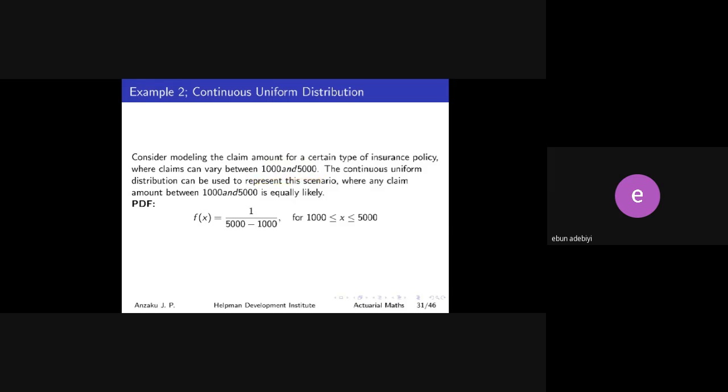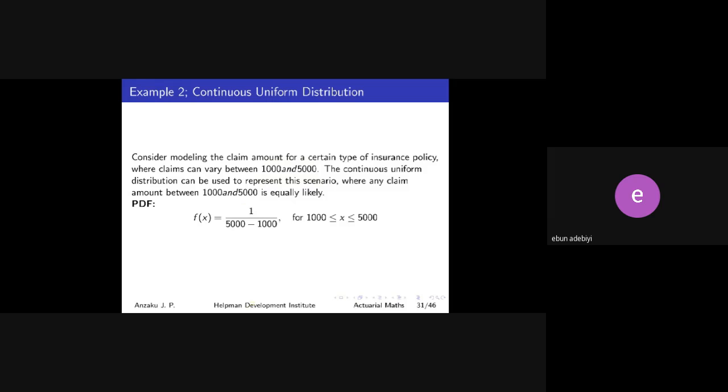So the continuous uniform distribution can be used to represent this scenario where any claim amount between the set interval is equally likely. Remember, we say it varies, so there's no claim interval or particular value that has higher probability than the rest. So all the probabilities are equally likely. Remember, one of the properties of the continuous uniform distribution we mentioned is that all the probabilities are equally likely for all the intervals.